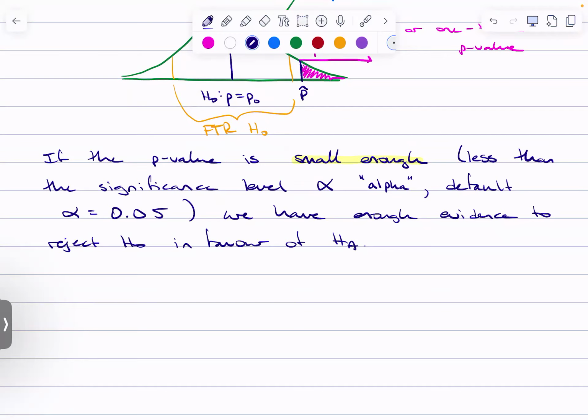And on the flip side, right, if the p-value that we find is not less than the alpha level, right, then we do not have enough evidence to reject H naught because it's close enough, right?